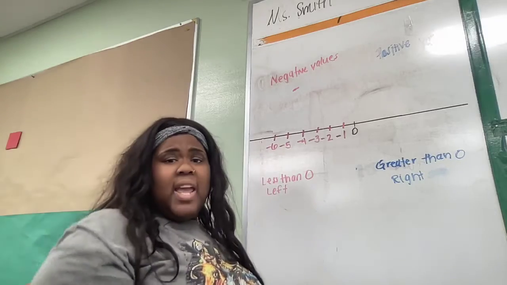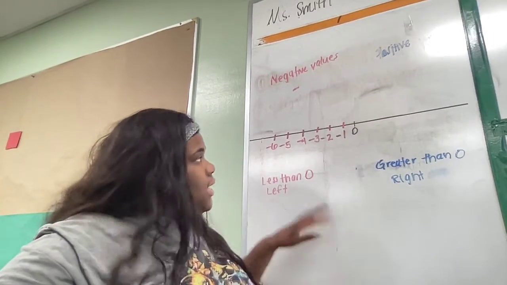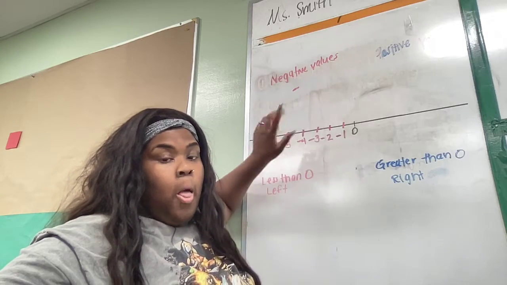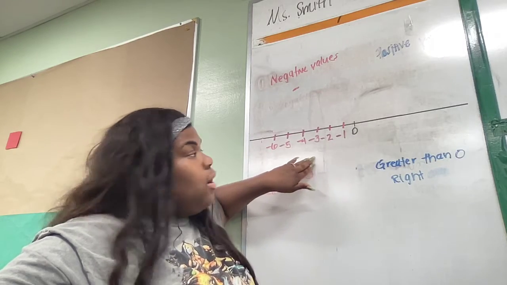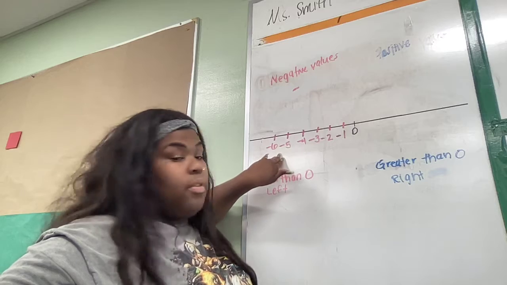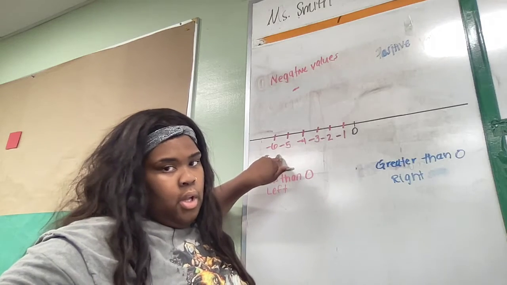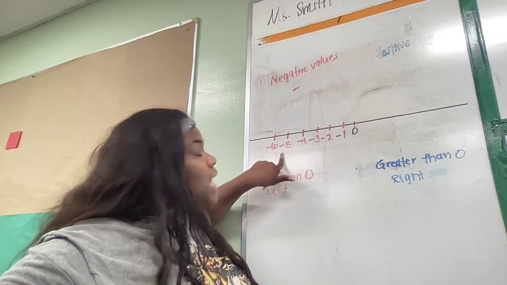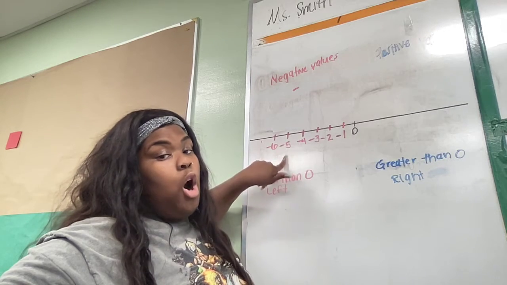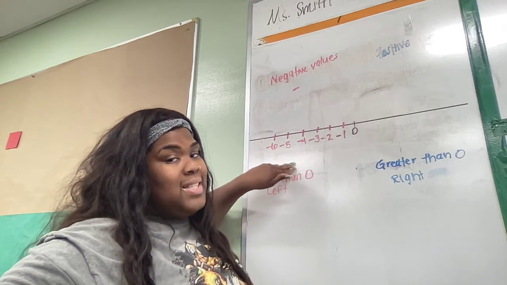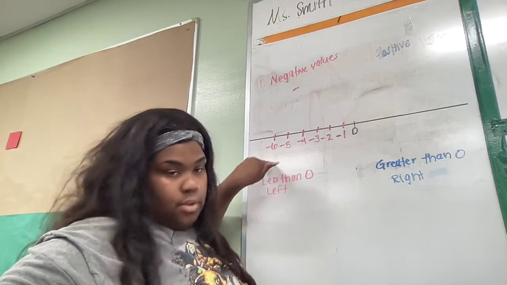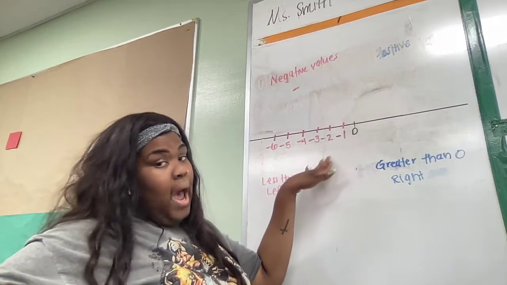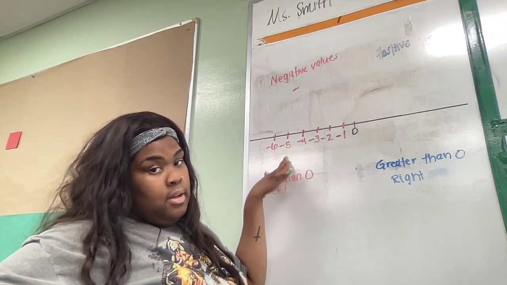Okay, negative. So how this works is on the negative side, the further we get away from 0, the lesser the values go. I know you see that the numbers are going up. This negative sign means that we are getting less and less and less, okay? Even though the numbers look bigger, it's actually decreasing.